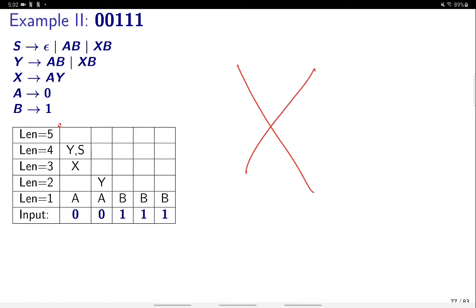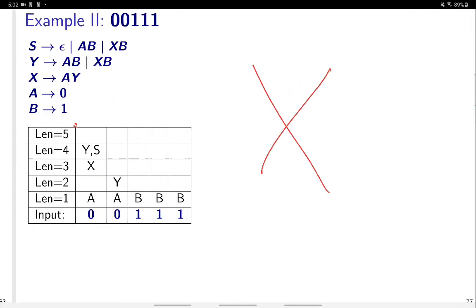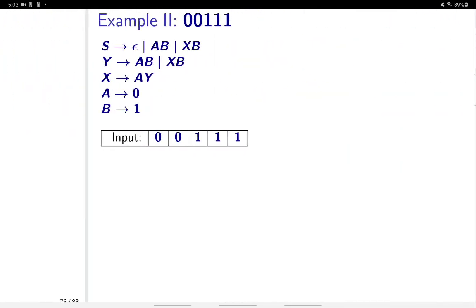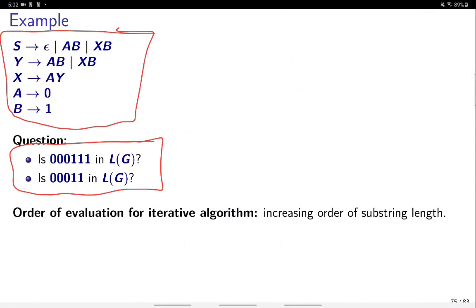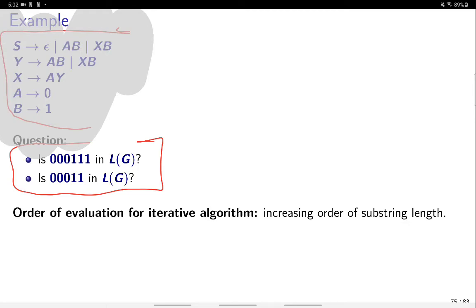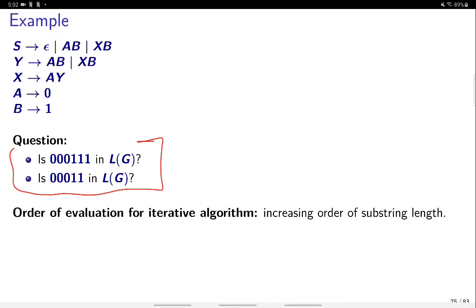If you want more details, you can go and look in the slides. Let me, before I finish up, figure out what this grammar really is. In fact, you have to do it in the right way.